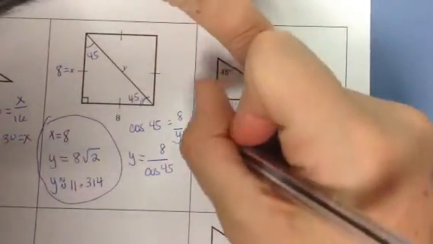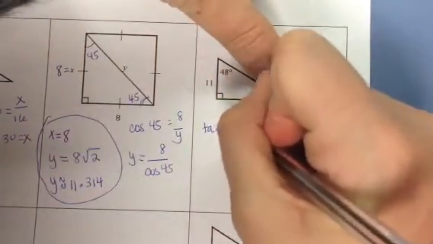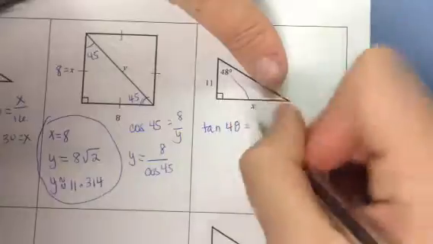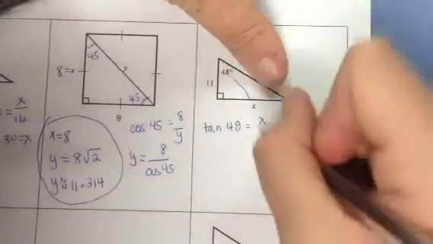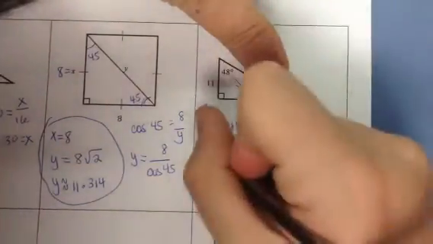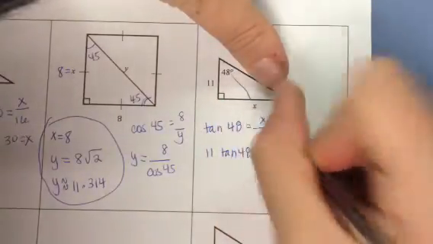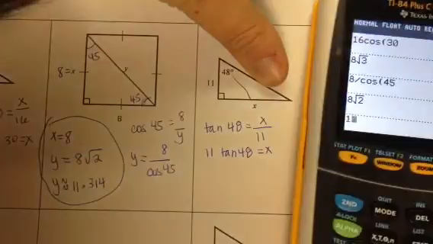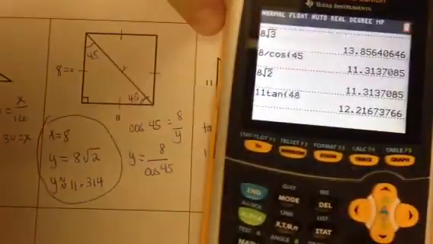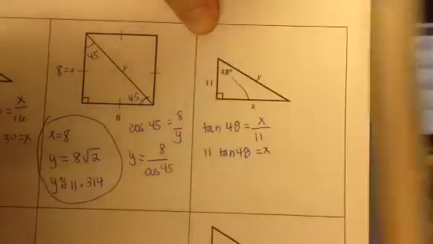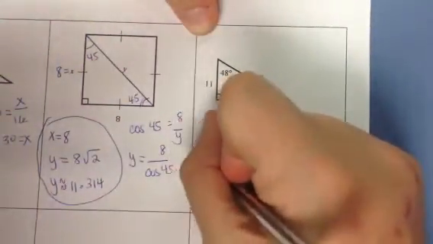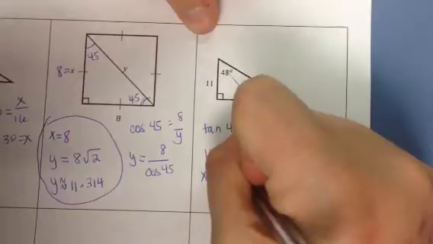So I could say the tangent of 48 degrees is opposite x over adjacent 11. This becomes 11 times the tangent of 48, to give me x. So 11 tan 48, I get 12.217 approximately. So x is approximately 12.217.